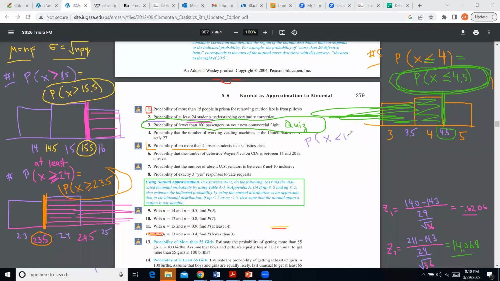So I'm gonna help you a little bit. I'll write this down. Less than 100. So the question is how you're gonna round this with the 0.5 increments. Like, is it 99.5 or 100.5? And that's all you need to do for this quiz. Just put the answer for that in the chat.